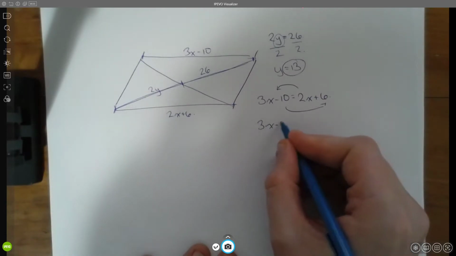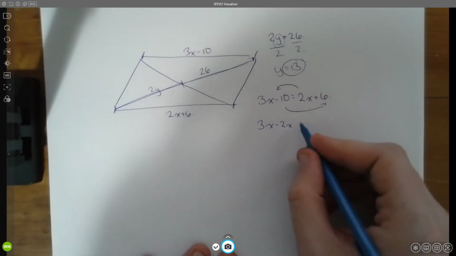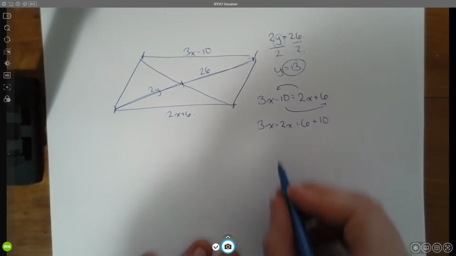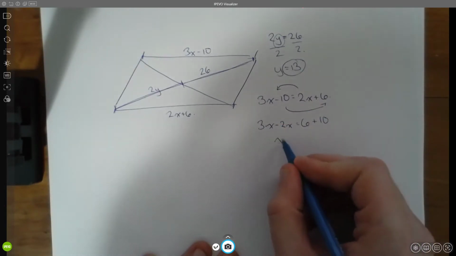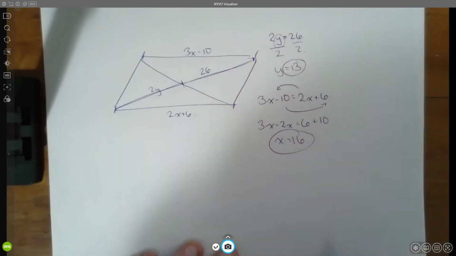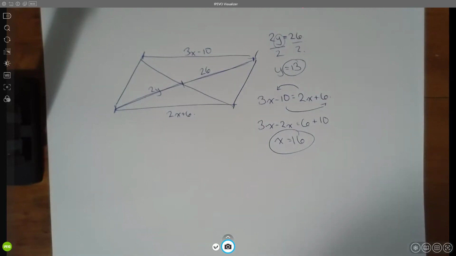So we get 3x minus 2x, remember it changes signs, equals 6 plus 10, that 10 also changes signs. 3x minus 2x is just x now, and 6 plus 10 is 16. So our y value is 13 and our x value is 16 as we were solving for some of the side lengths within this parallelogram.